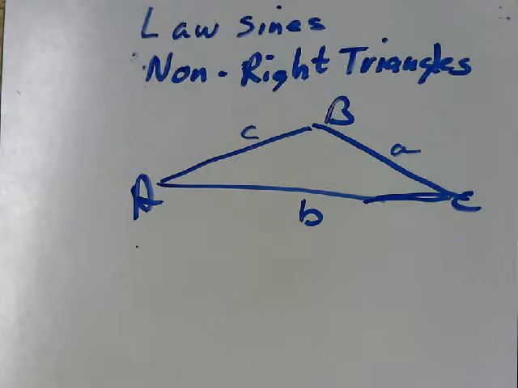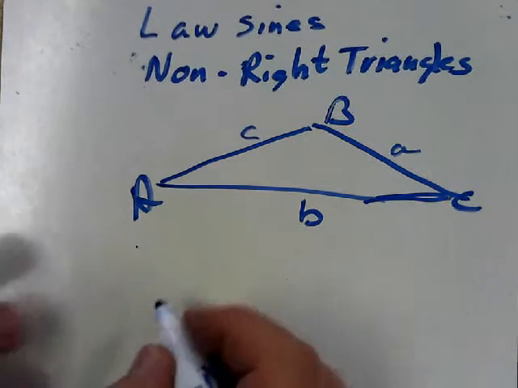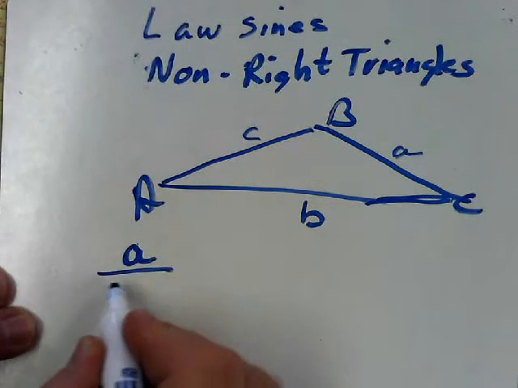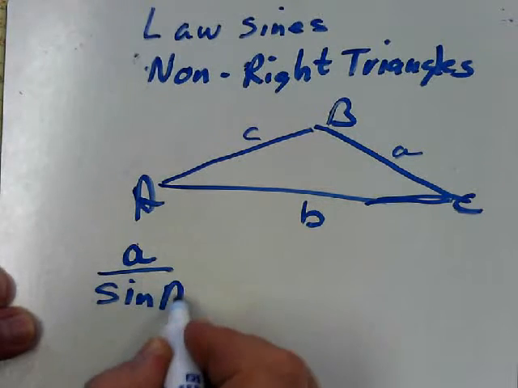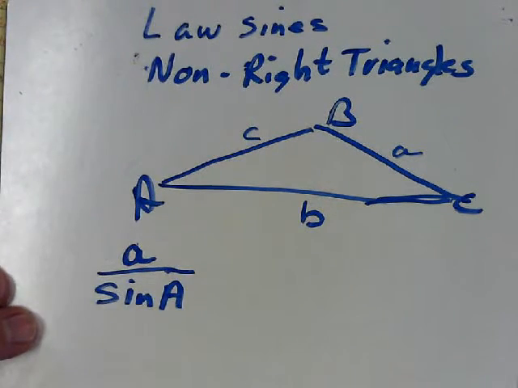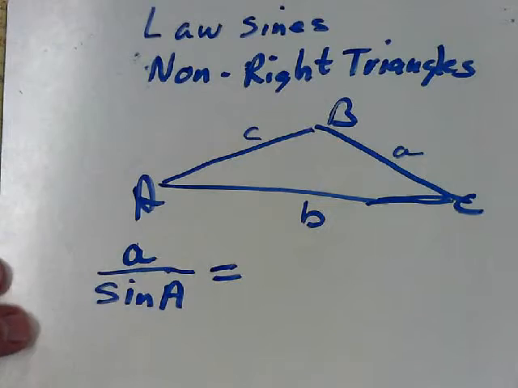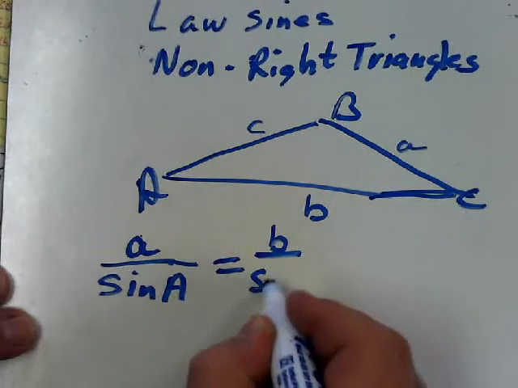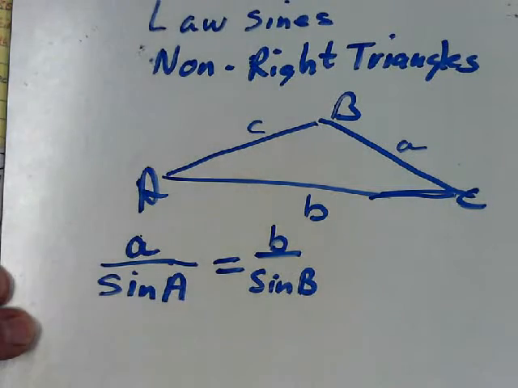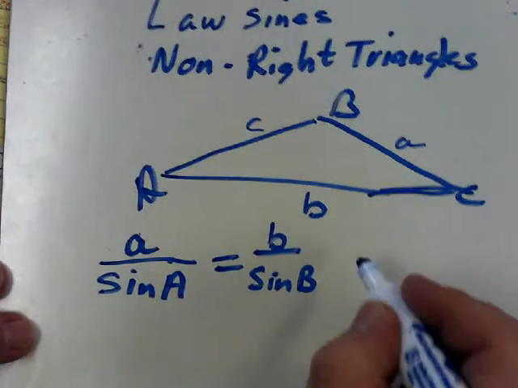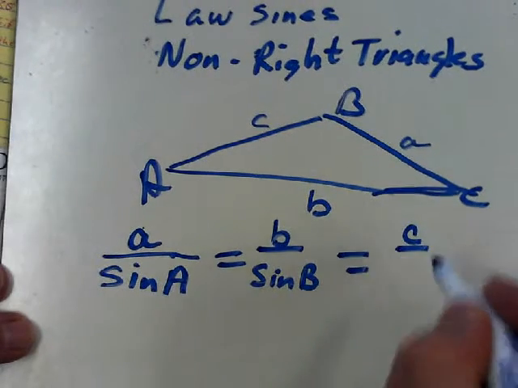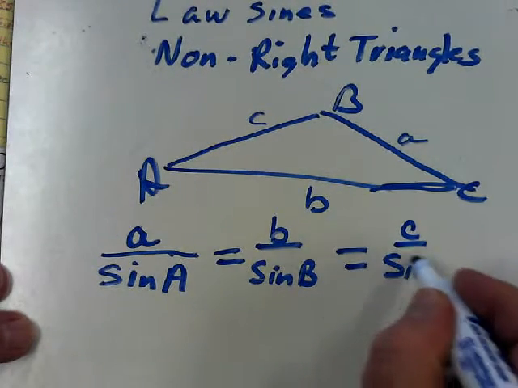That ratio will be equal for every angle. Meaning, side A over the sine of A will equal the ratio of B over the sine of B, will also equal C over the sine of C.